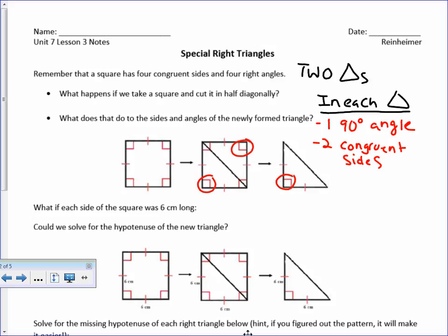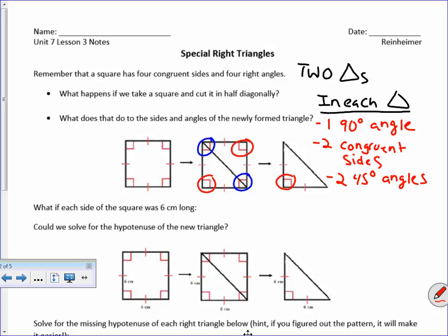Let's do blue. They got cut evenly in half. So that means for each triangle, the other 2 angles are going to be 45 degrees. So we also have 2 45-degree angles. So that's what happens when you cut a square in half diagonally.